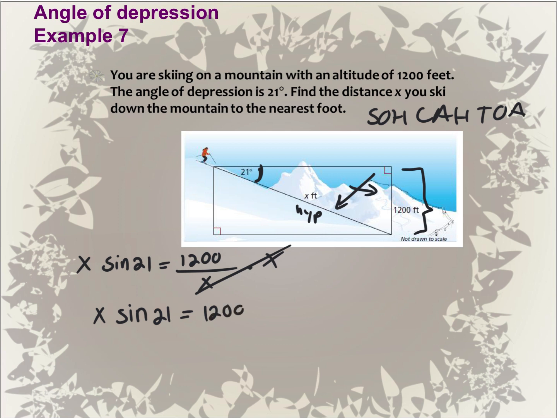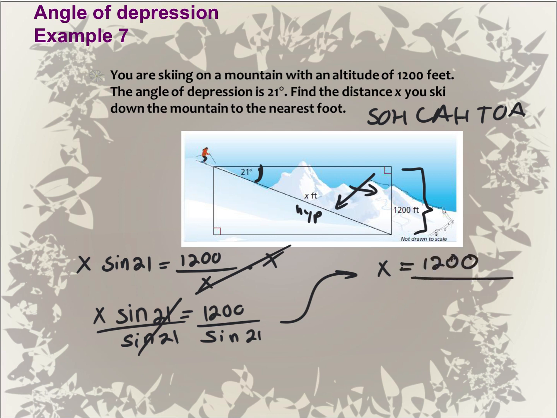Now, I want to get the x alone, so I'm going to divide by sine 21, whatever that is. So that's going to give me that x is equal to 1,200 over sine of 21.